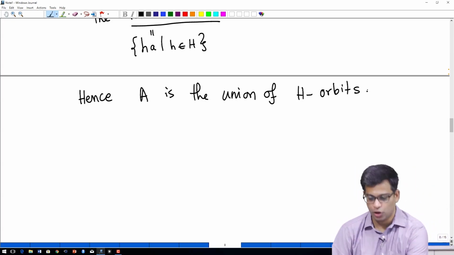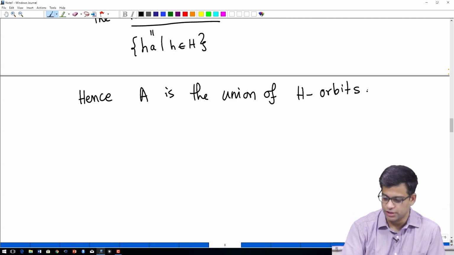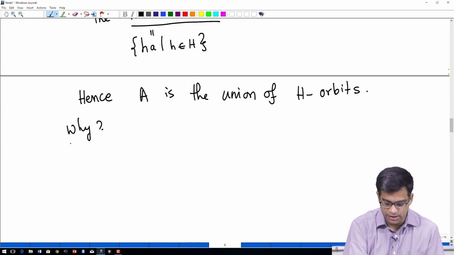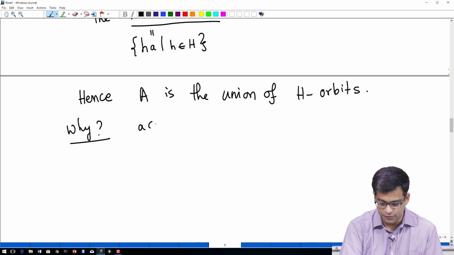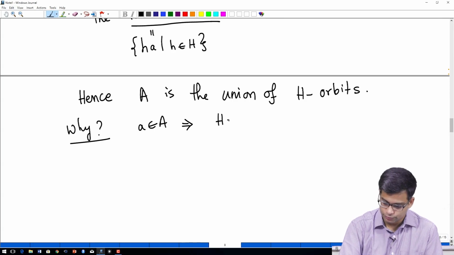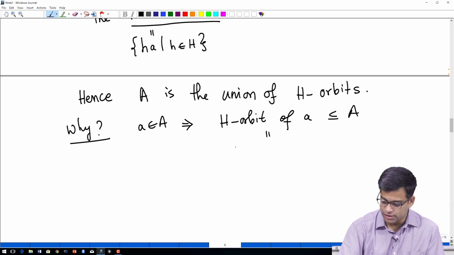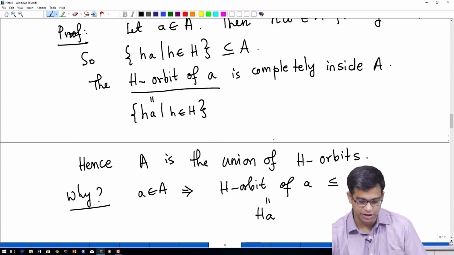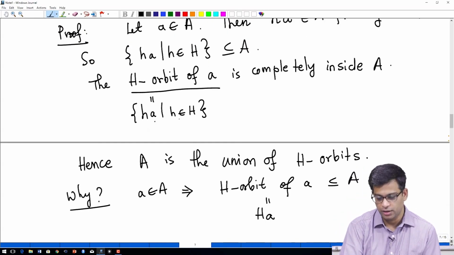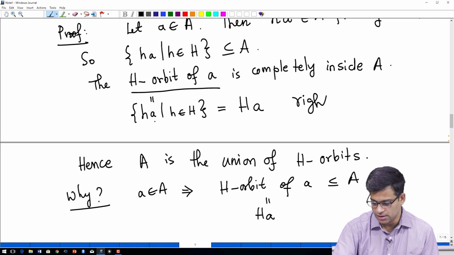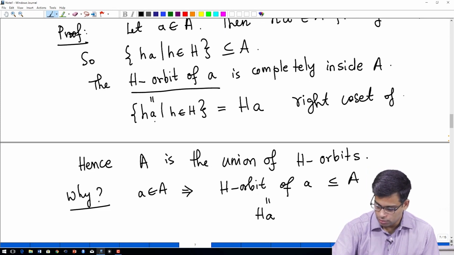Of course H orbits are disjoint. Why is it a union of H orbits? Because if a belongs to A, then the H orbit of a is completely contained inside A. What is the H orbit? I am going to write it as Ha, because it is small h times small a as small h varies in capital H. This is simply the right coset of a.